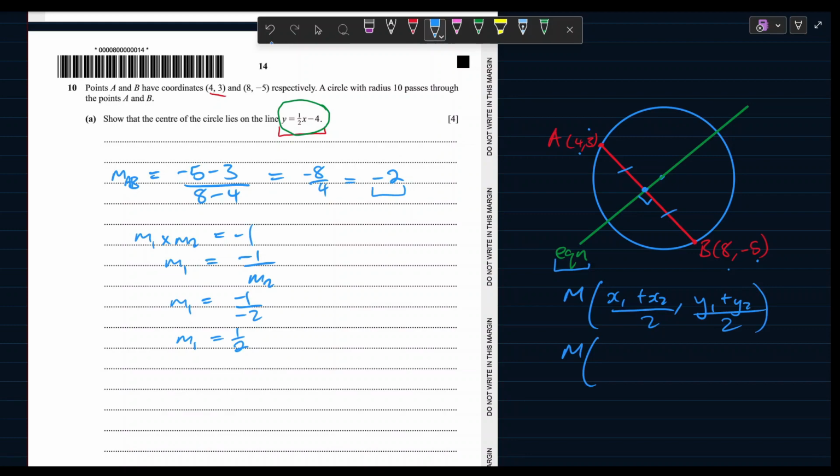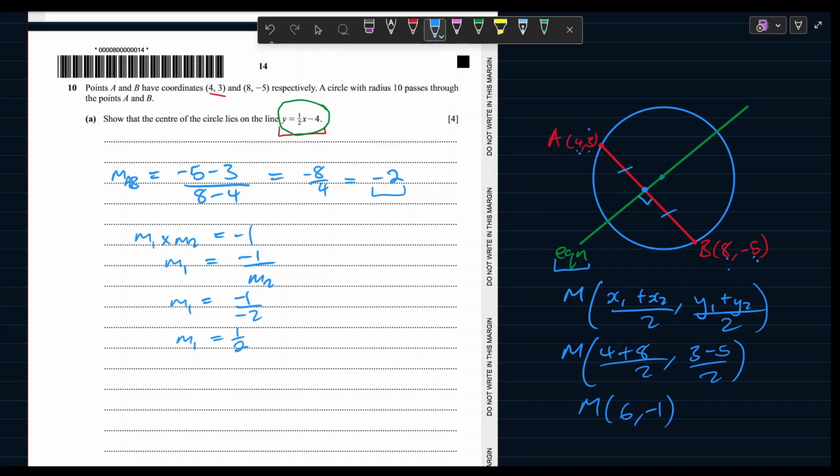So let's do that. So x1 is 4 plus x2 being 8 over 2, and then y1 is 3 minus 5 over 2. And so we get that the coordinates of our midpoint are going to be 4 plus 8, that's 12 over 2, that's 6. 3 minus 5, that's minus 2 over 2, that's minus 1.